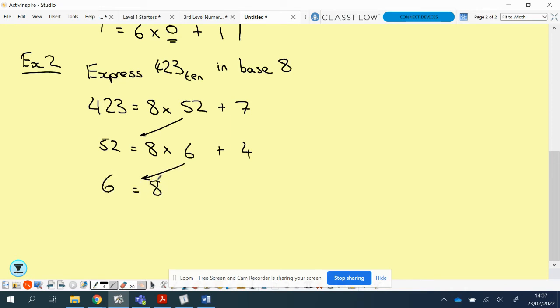How many 8s fit into 6? Well, we can't fit any 8s into 6, so this will be the last step, and I would have 6 left over. So again, reading the remainders going that way, that's telling me that 423 in base 10 is 647 in base 8.